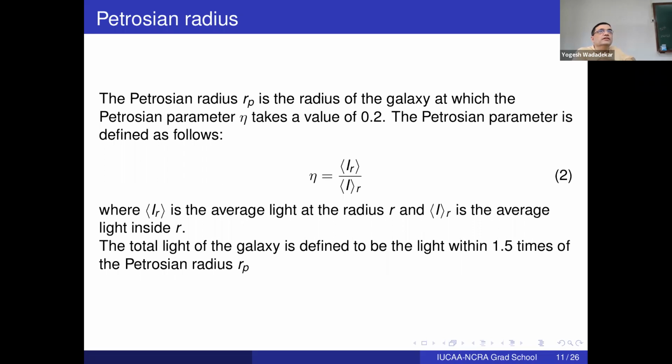So you take a weighted average of the intensity distribution. Even if the galaxy doesn't have a well-defined center, by centroiding over the entire galaxy, you'll be able to find the nominal center, which you will have to use when you are determining the Petrosian radius.